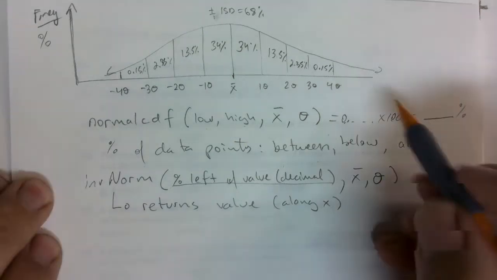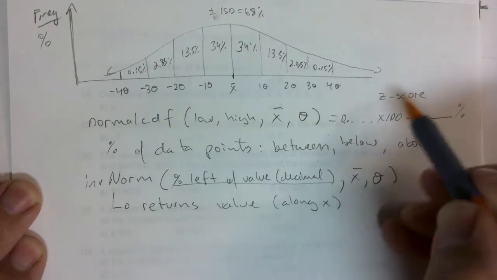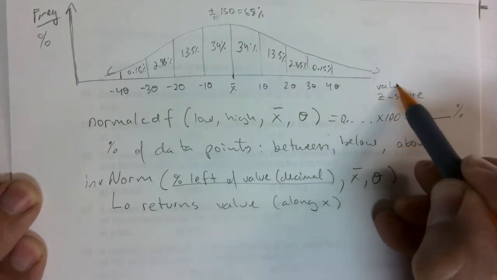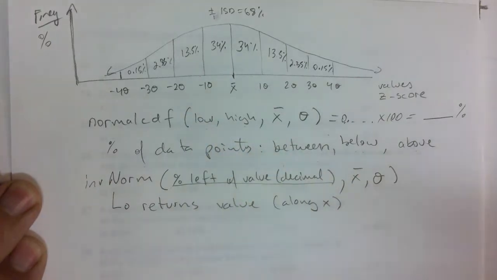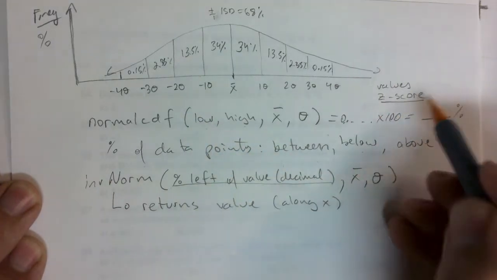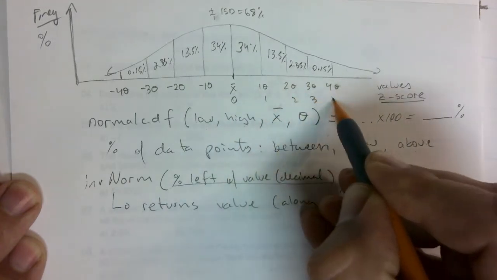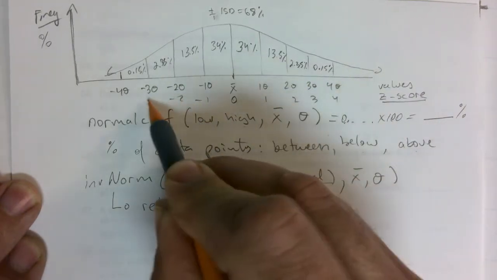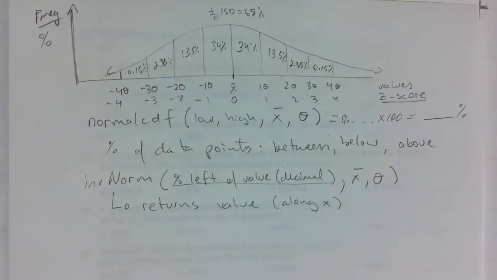One thing that I probably forgot to mention here, is the z-score. We can actually have values, this could be grams, this could be hours, you name it. Then we also have a z-score, which has the mean as 0, and then it's 1, 2, 3, 4, -1, -2, -3, -4, and it tells us how far from the mean you are.